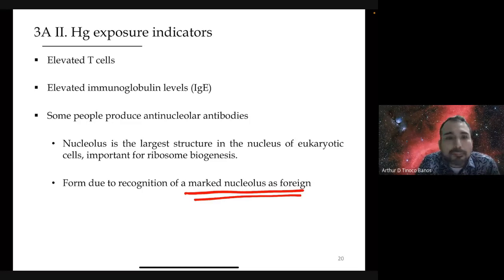How can the presence of a metal make something that is innate to us appear as foreign? Anyone? You can put your thoughts in the chat room, or you can get on the microphone.